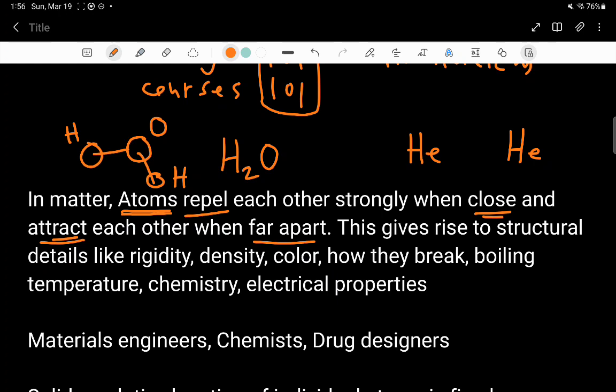And if some other thing comes up and bumps into the water molecule, it might bump into it pretty hard and push the hydrogen atom towards the oxygen, but the hydrogen and the oxygen in the molecule repel each other so that the hydrogen can't get very close to the oxygen.